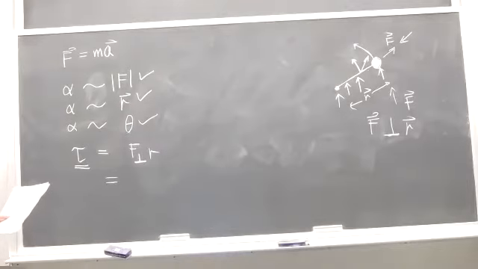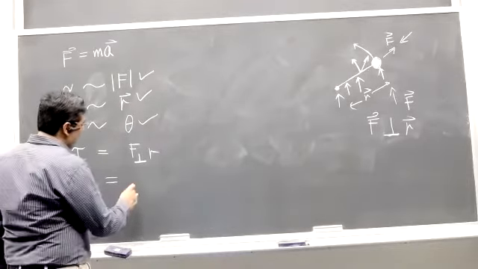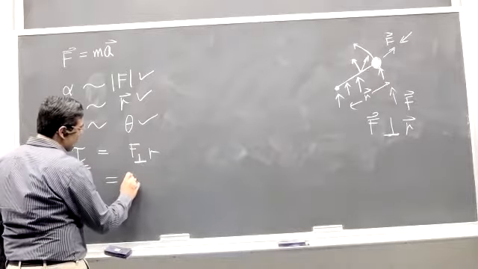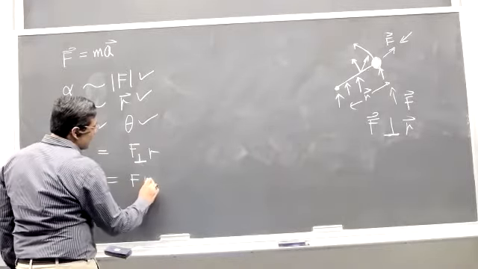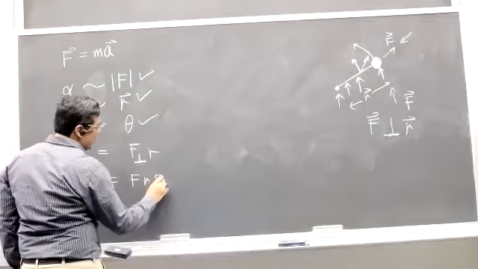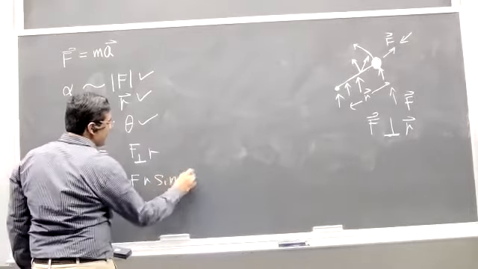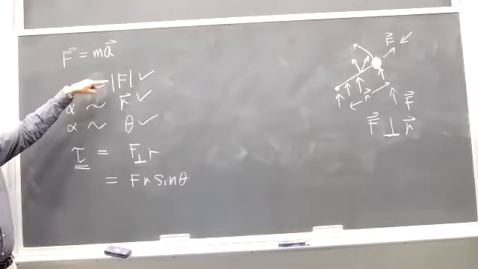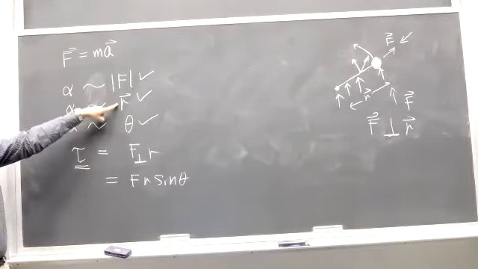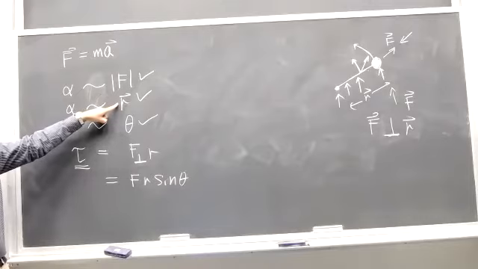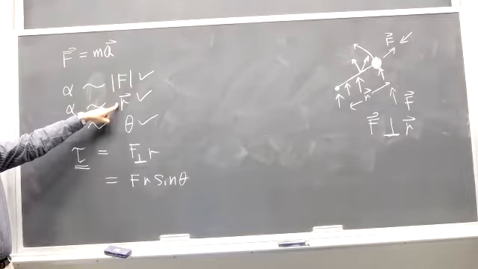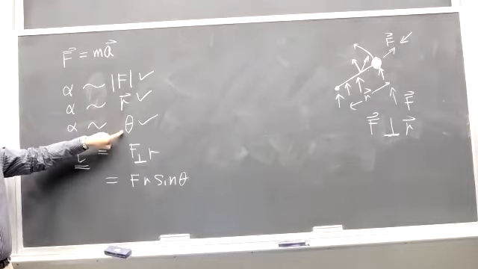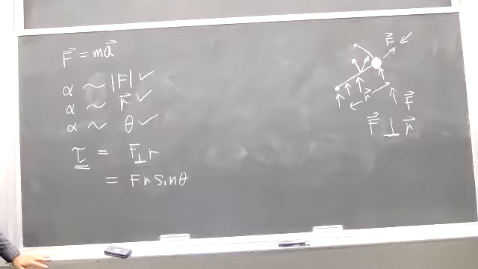And the perpendicular component of force can be written as F sine theta, if theta is the angle between them. So then this is F R sine theta. Okay. Now this has all these three ingredients: the magnitude of the force, the magnitude of the distance from the axis of rotation to where the force is being applied, and the angle between the force and the position, or the R. All right.